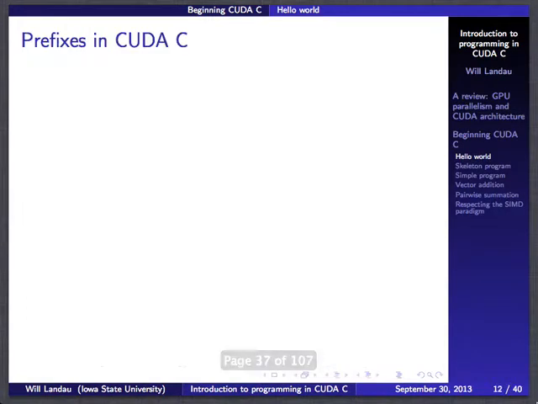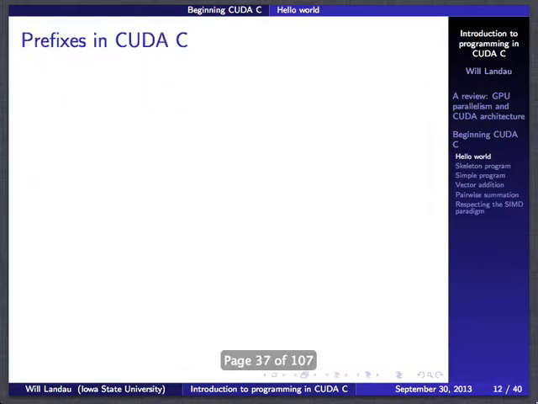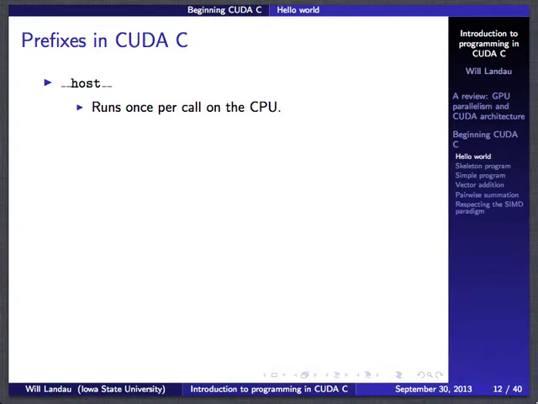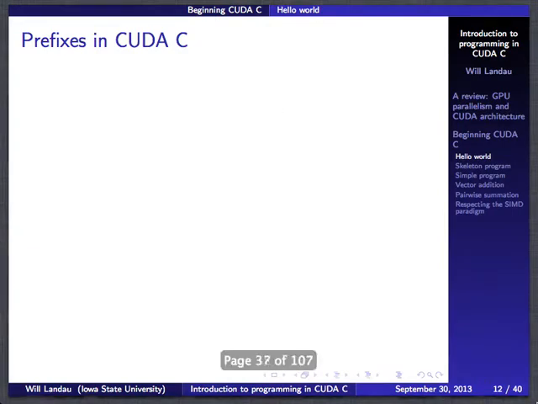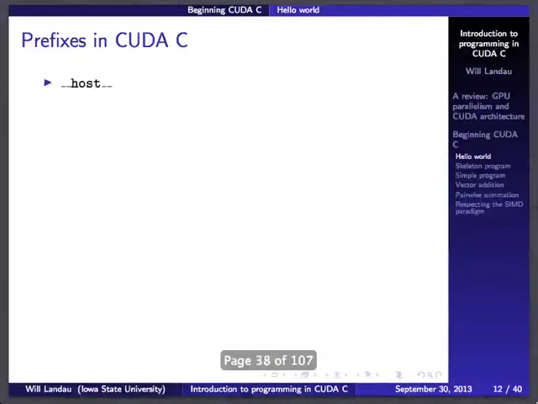Moving on. This __global__ thing right here is called a prefix. There are a bunch of prefixes in CUDA C that I'm just going to briefly talk about. So there's the __host__ prefix, and you can put any prefixes in front of any function. I think that's standard in C as well.